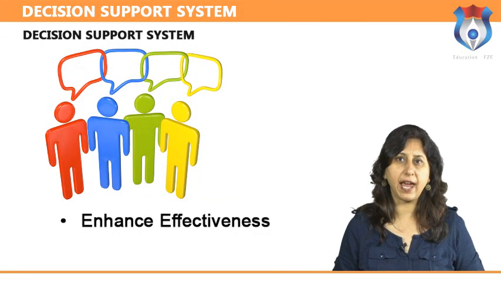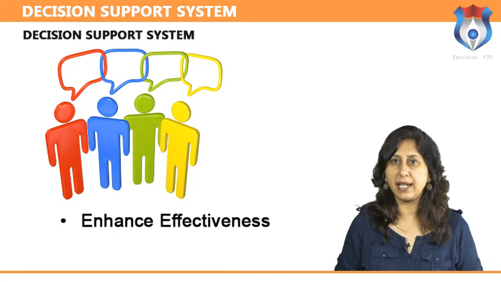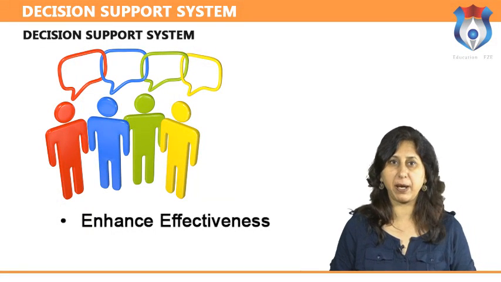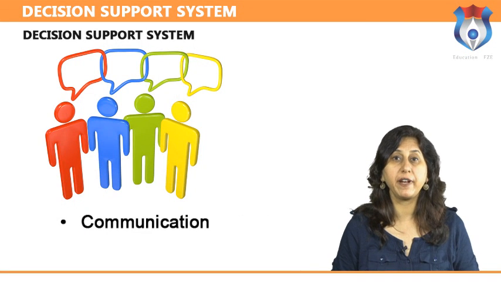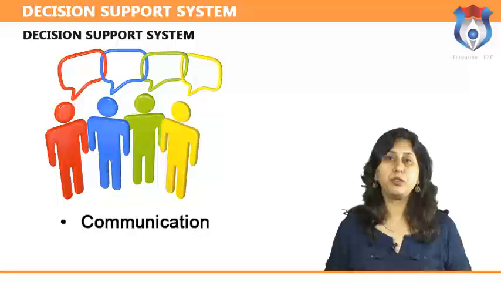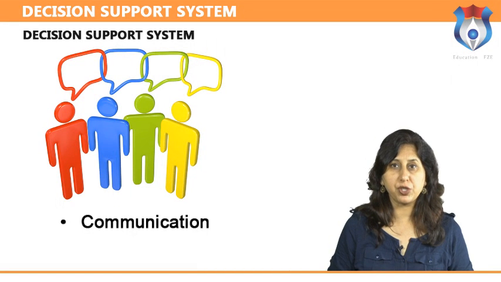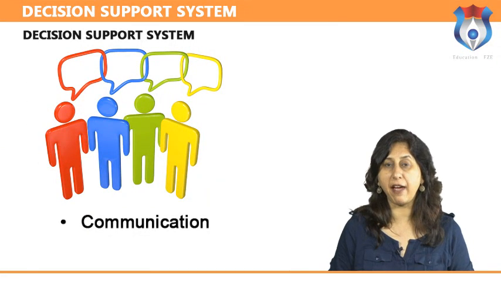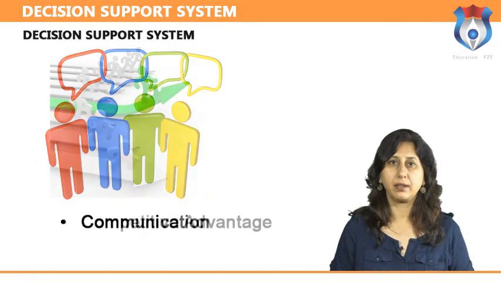Most researchers have examined soft measures like perceived decision quality rather than objective measures. Improve interpersonal communication. DSS can improve communication and collaboration among decision makers. In appropriate circumstances, communications-driven and group DSS have had this impact.